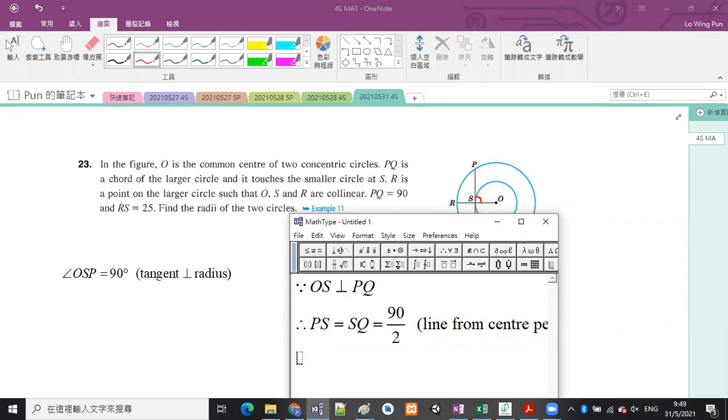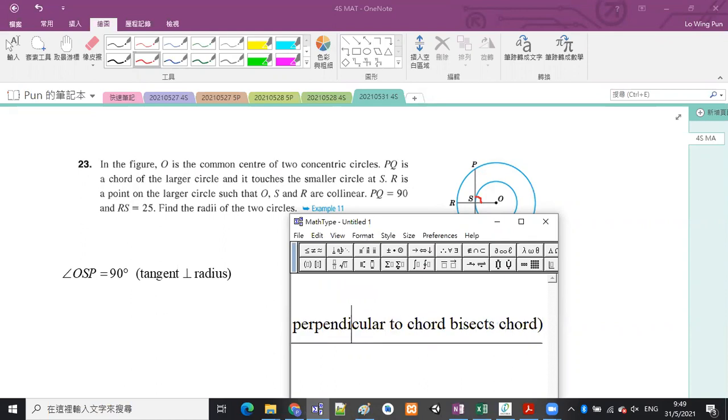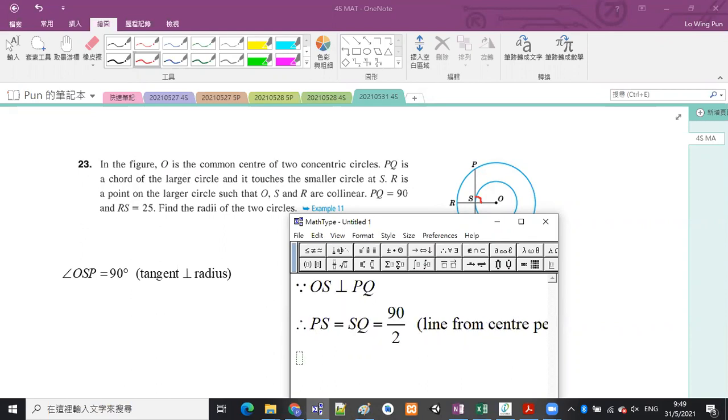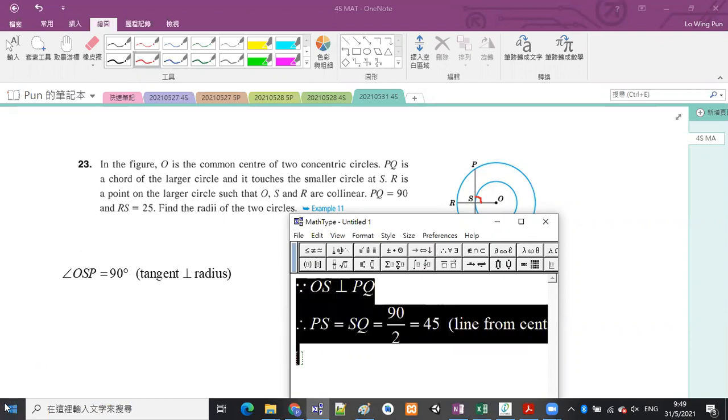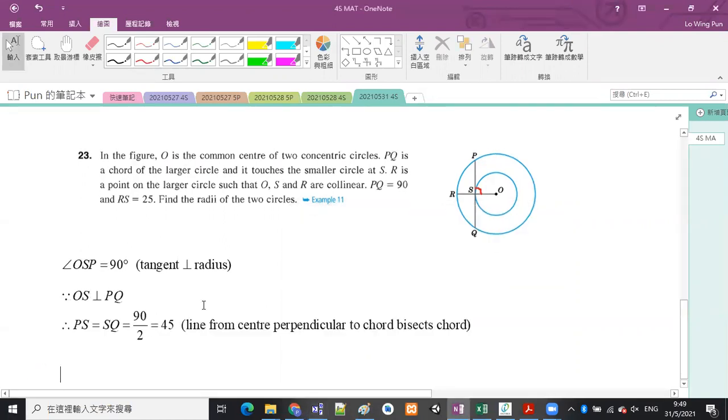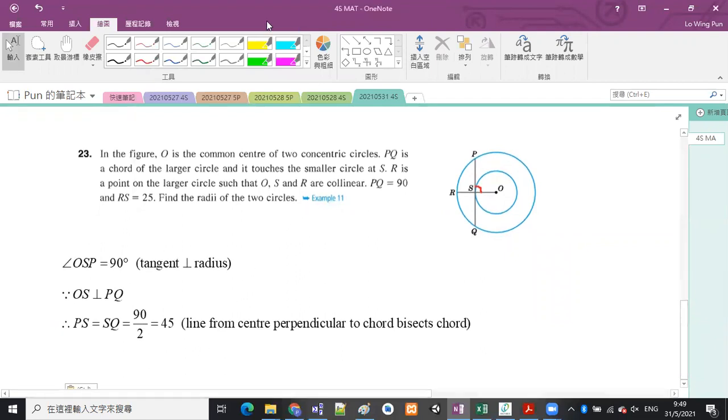Okay, so they are both equal to 45. Now what do we have? This one is 45, and RS is 25. This one is 25. The question asks us to find the radii. So that is the larger radius and the smaller radius.